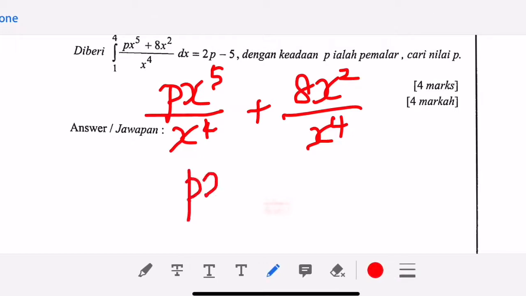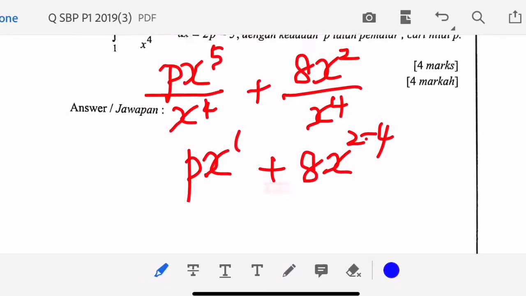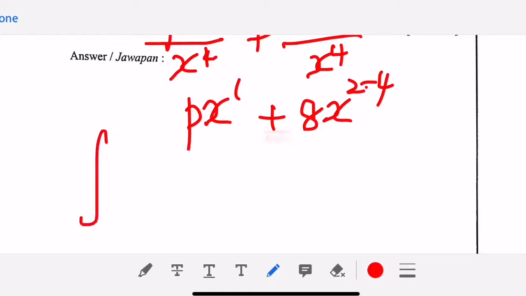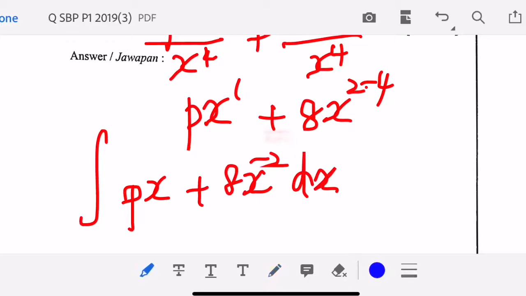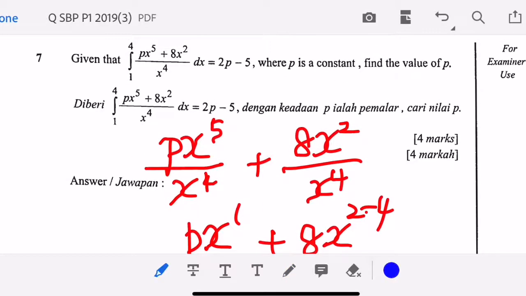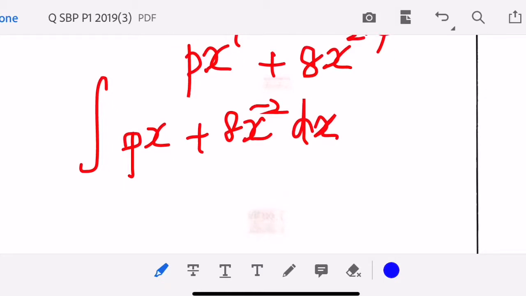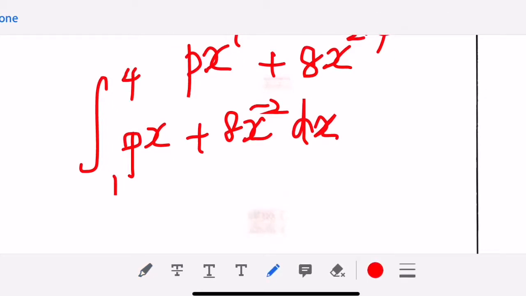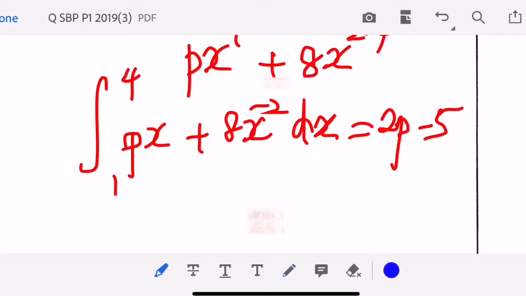Then you simplify and it becomes px plus 8x^-2. Only then do you start to integrate using the integral sign. Integrate from 1 to 4, px^1 plus 8x^-2 dx. Make sure the limits are correct, from 1 to 4, and write that it is equal to 2p - 5.